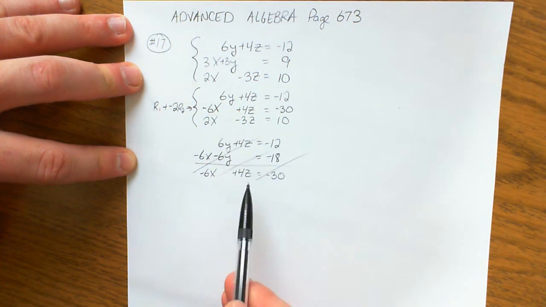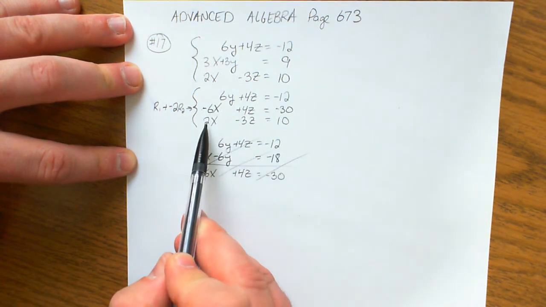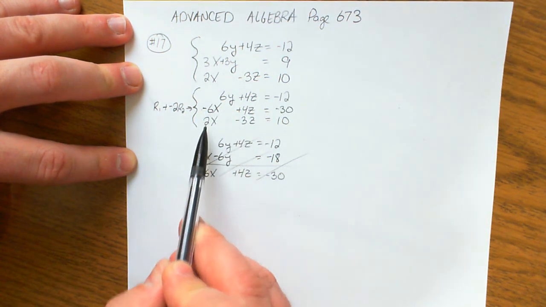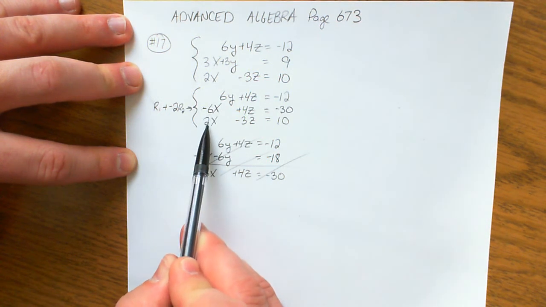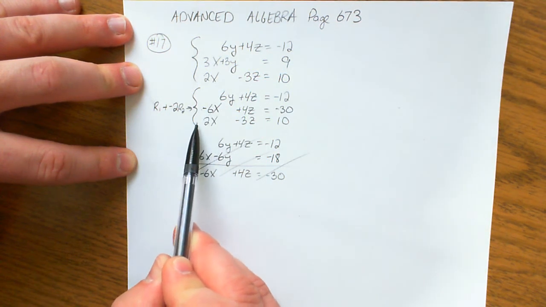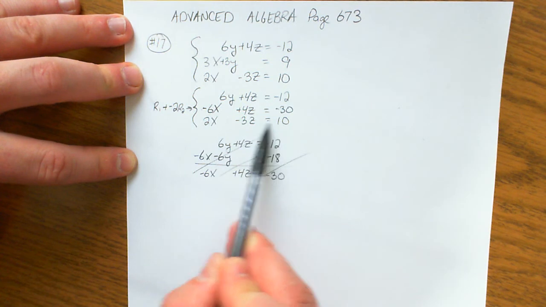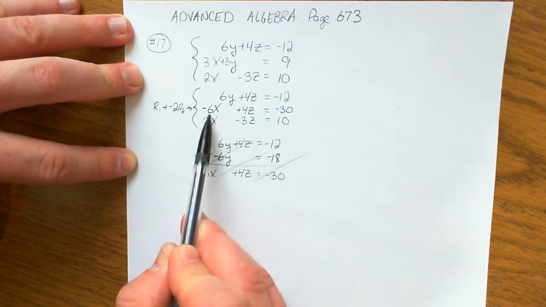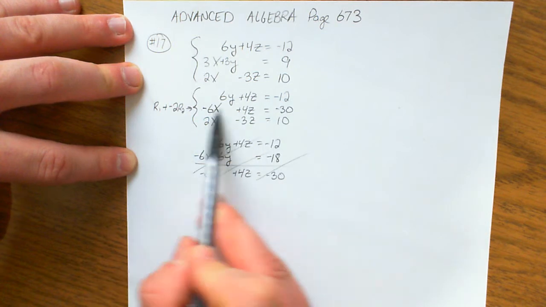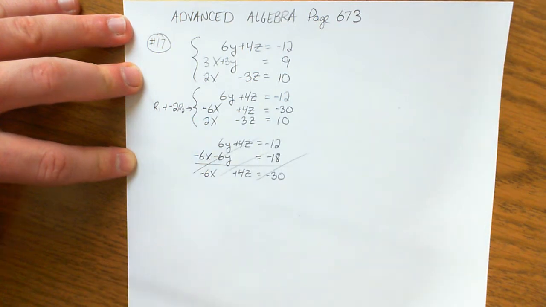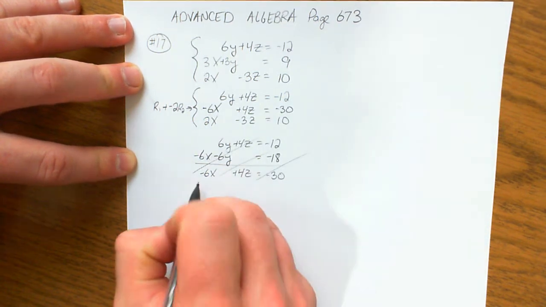What I need to now do is to cancel out one more variable in this third equation. The thing that catches my eye is I've got a -6 and a +2. If I multiply equation 3 by +3, the x is going to cancel in the second one. So again, I'm going to rewrite equation 1 and equation 2 because I'm not actually changing those. I'm using them to manipulate.